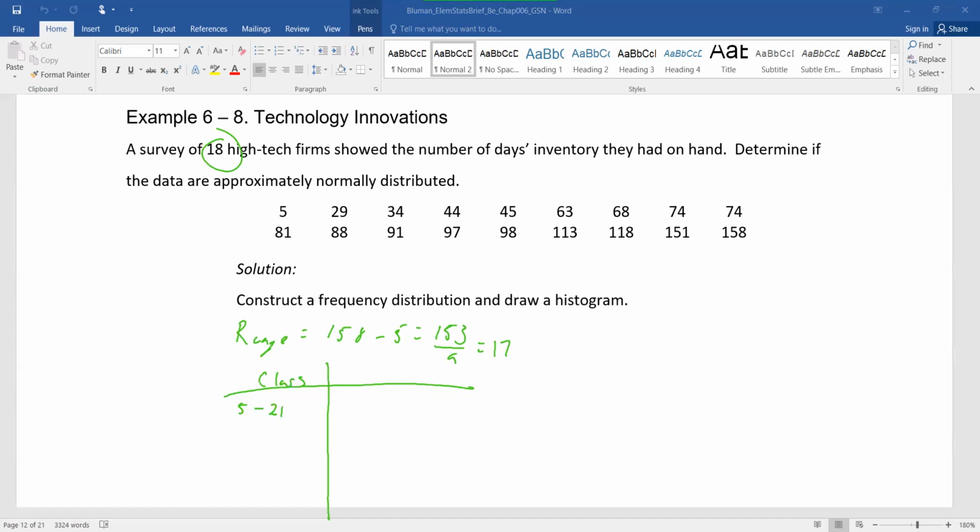So then I'll do the same thing. This will then start at 22 because there can be no overlap. Add 16 to that and you get 38. And then I would go to 39, add 16 to that. Go to 56, add 16 to that.